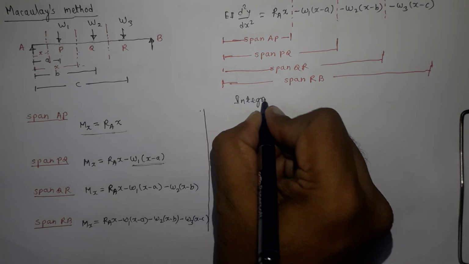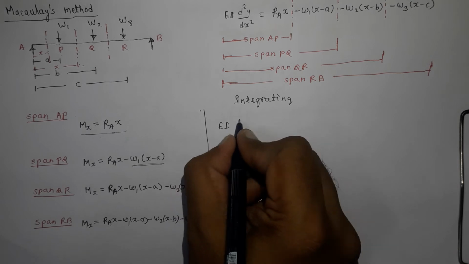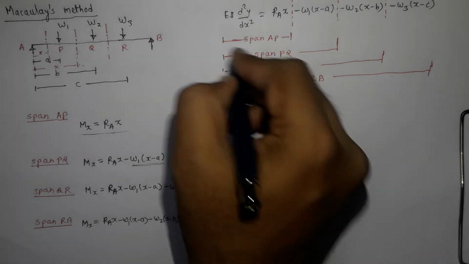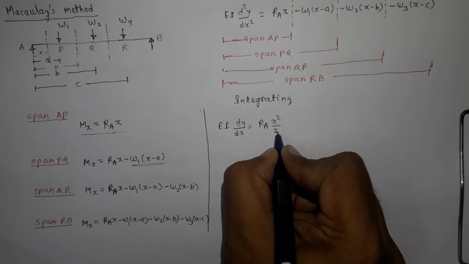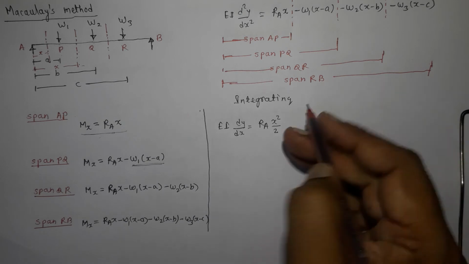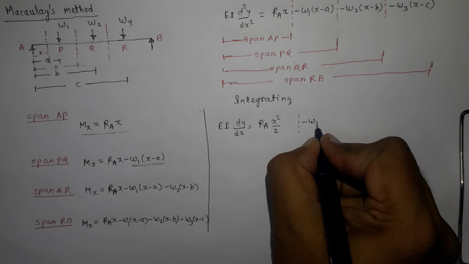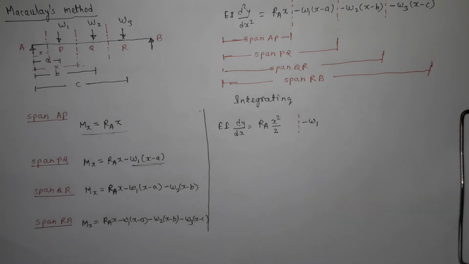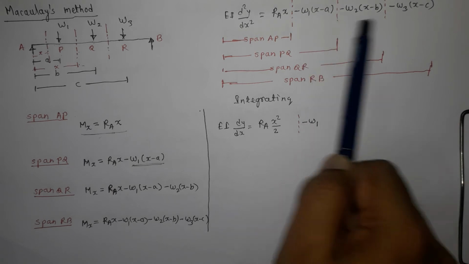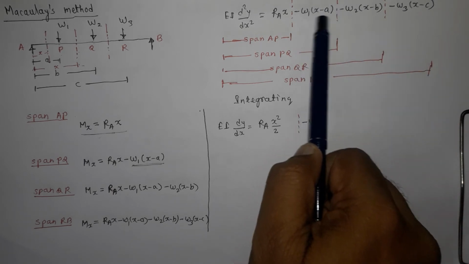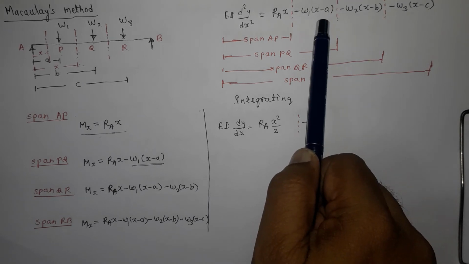So integrating we get EI into dy by dx, that is the integration of left hand side, is equal to RA into x square divided by 2. Then the partition, now I am integrating as it is, partition minus W1 into, now here Macaulay gave a suggestion to integrate the terms inside the bracket like this. Now integrate this term which is inside the bracket as if it is x. So what is the integration of x? X square by 2.